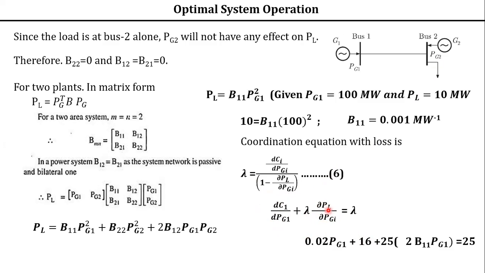Here, dou PL by dou Pg2 is equal to lambda. Substitute the values of dC2 by dPg2, lambda, dou PL by dou Pg2, and solve for Pg2. This is what I said.